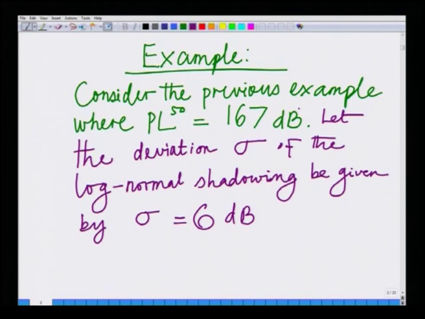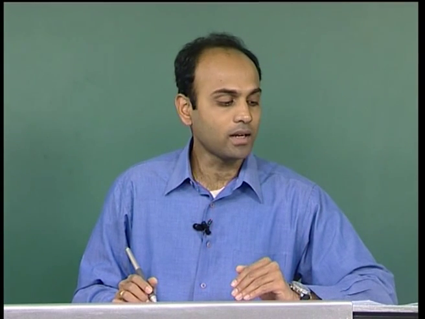Now, employing these two facts, we would like to compute the threshold gamma such that the path loss is greater than gamma only 5% of the time and the path loss is less than gamma 95% of the time.